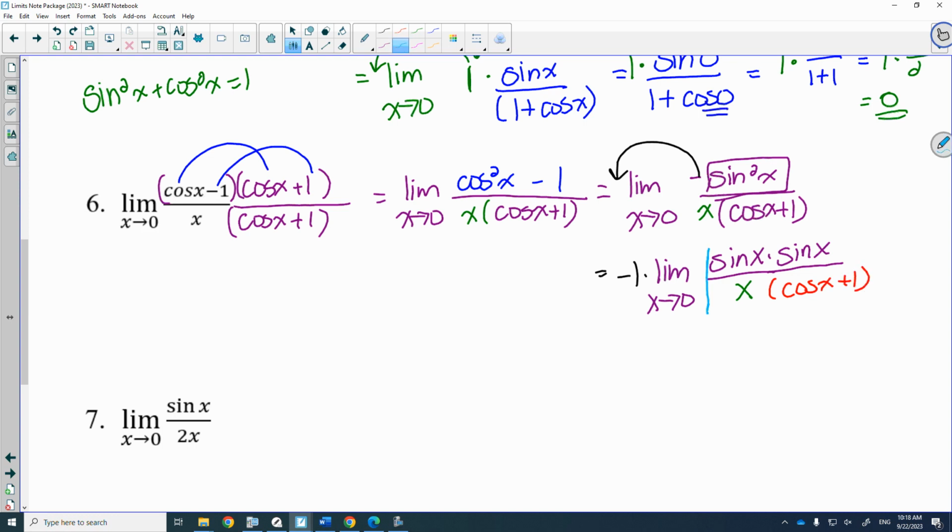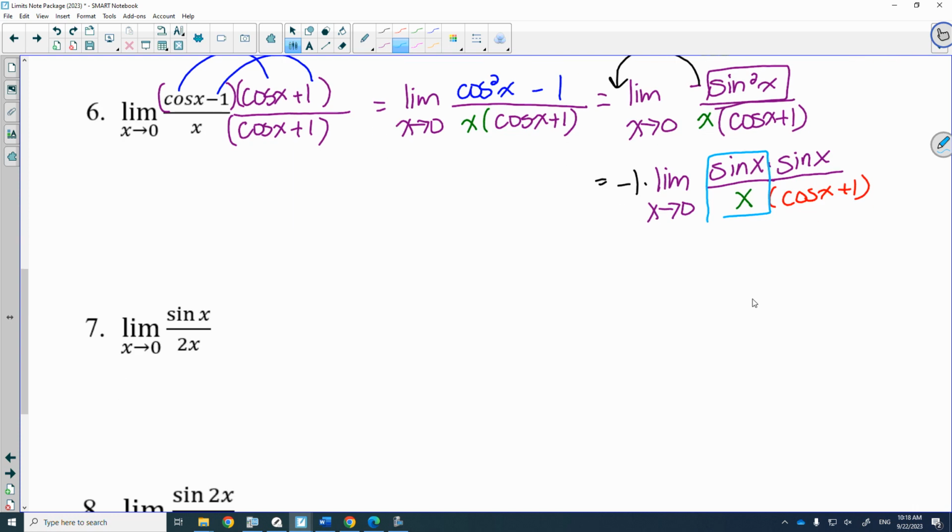We will always want to look for this case. Okay, so that case, sine of x over x, is going to be 1. So I had negative 1 times the limit as x approaches 0. This is going to give me a 1. And then I had the sine of x over the cos of x plus 1.